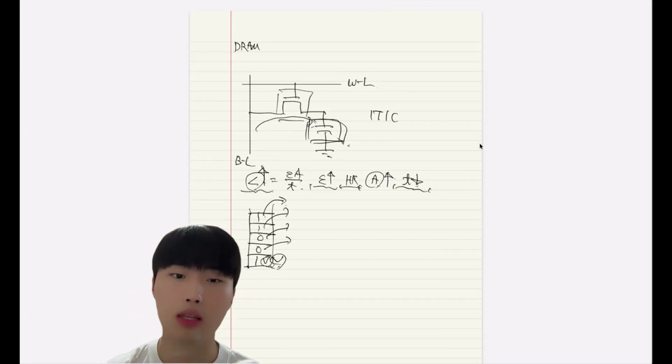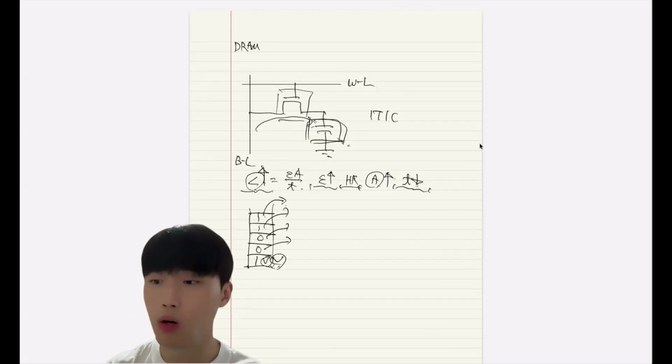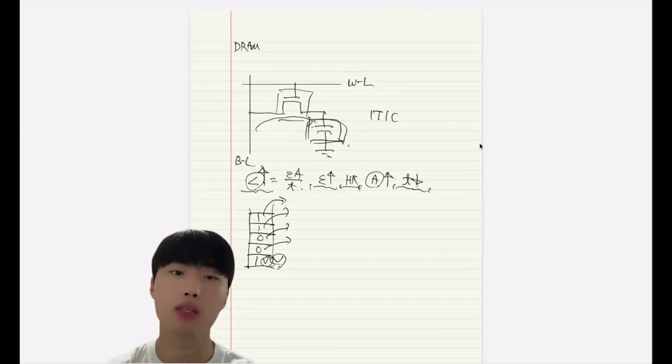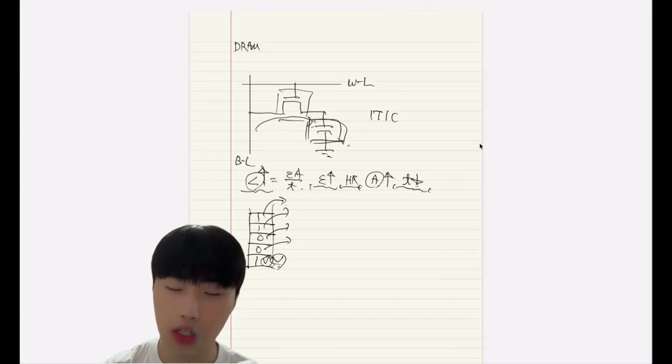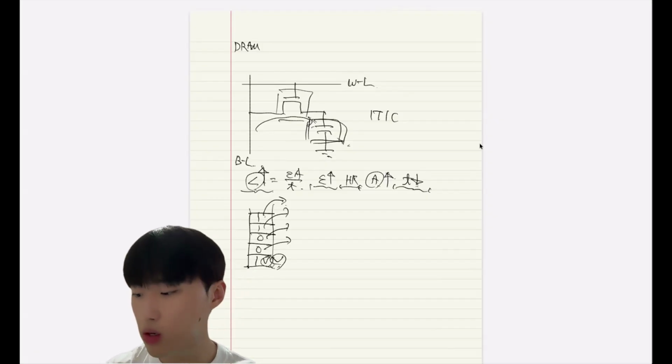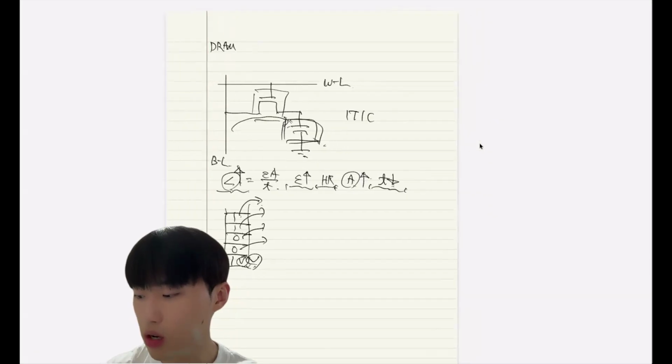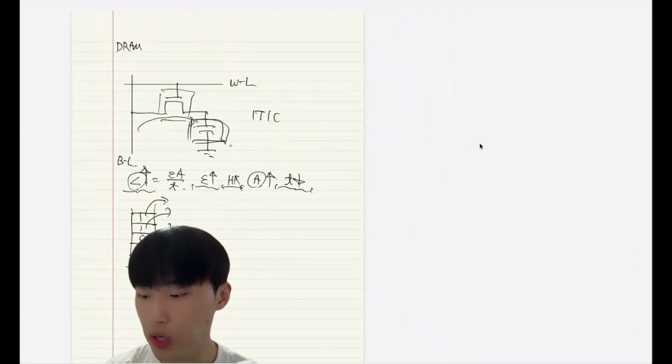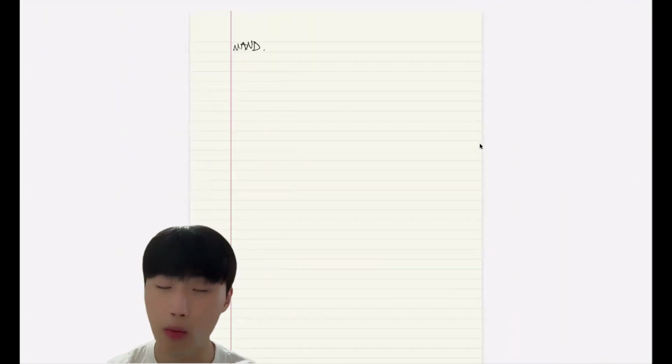This is not efficient and makes the device very slow. So we use random access memory to access our memory efficiently.